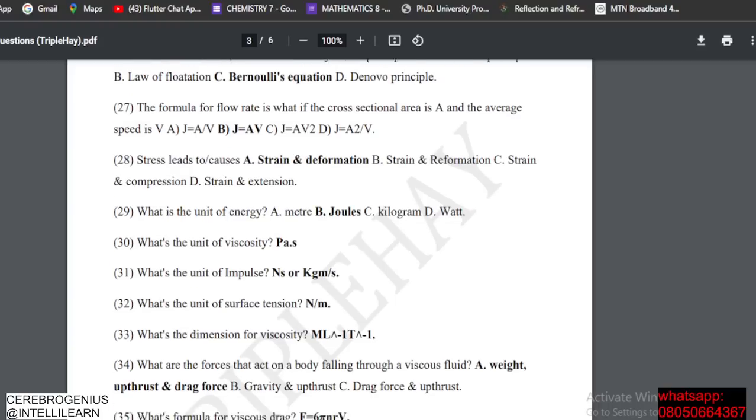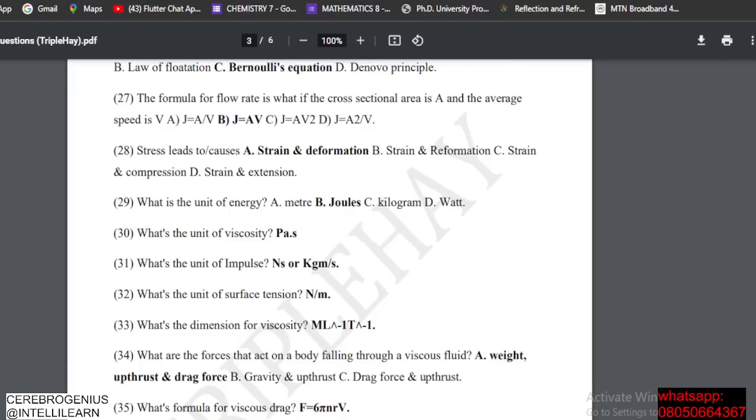Stress can cause strain. Stress can cause deformation. Stress can cause compression. So that means that strain and deformation is correct.